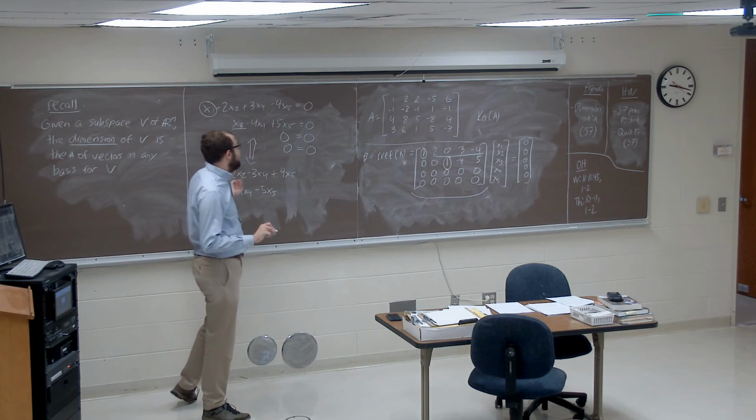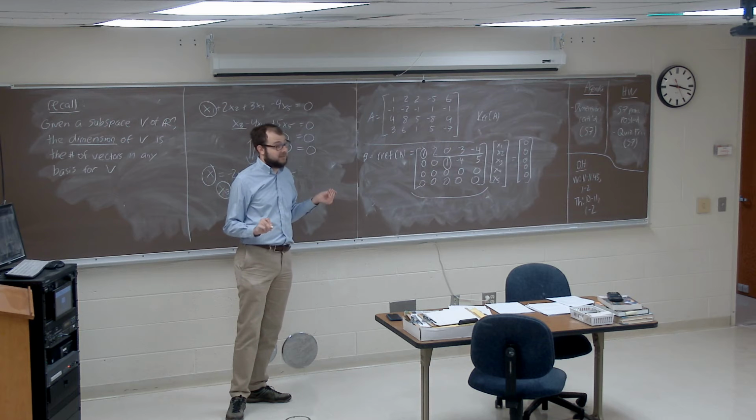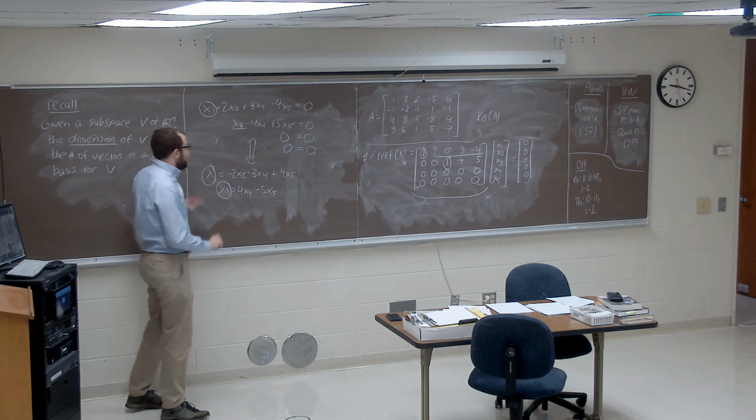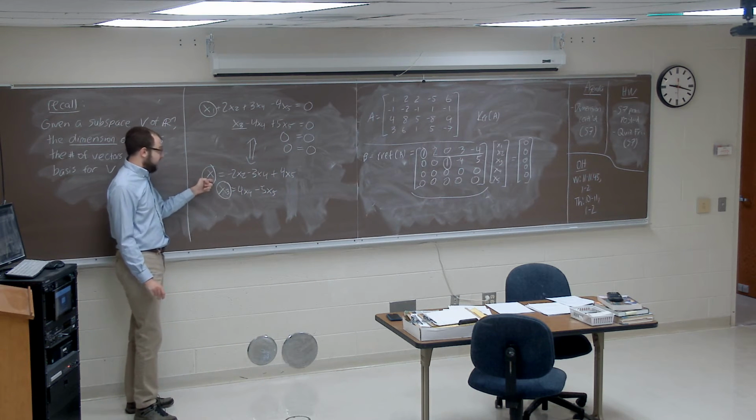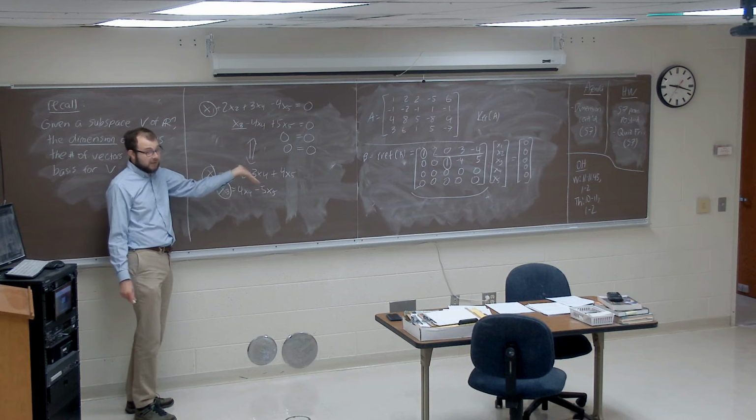So the free variables correspond to the columns without leading 1s in them. Because if you don't have a leading 1 in that column, the second column for instance, you're not going to have an x2 equals blah blah blah in terms of other variables showing up.